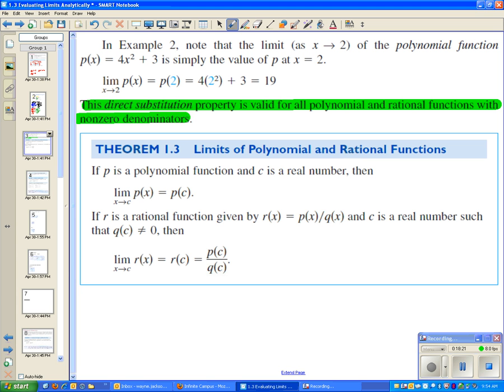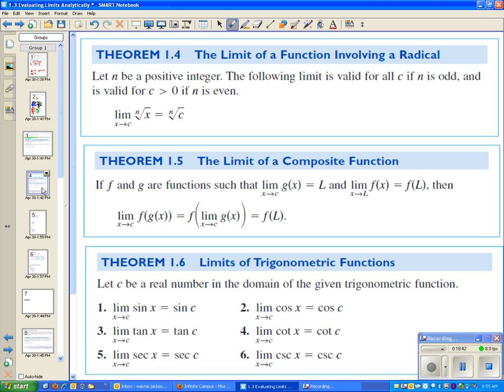Yep. Yep. Then we got an issue. If the denominator can equal 0, we'll have to work with that. Okay? All right, so what we're saying then, well, not yet, we're not. Then we look at this. Look, substitution works for radical functions.